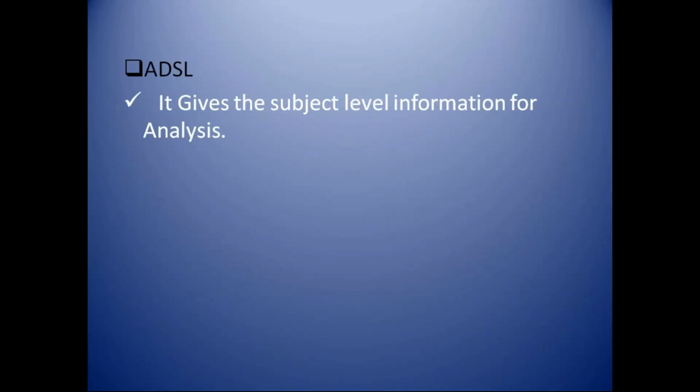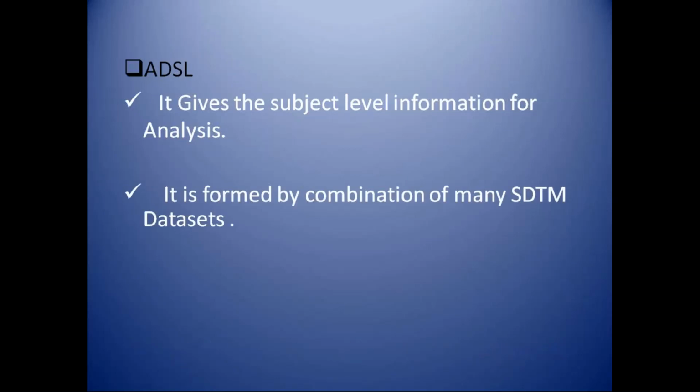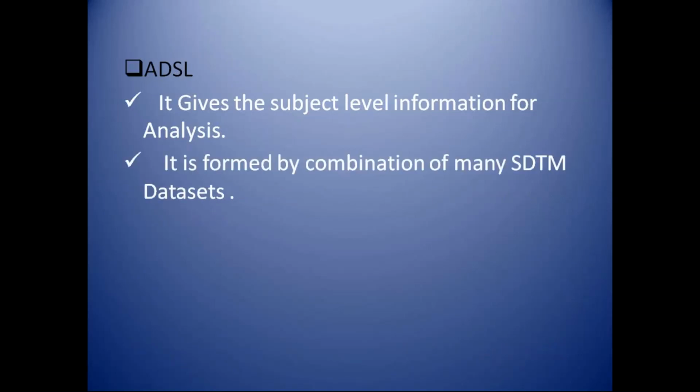How can we create this ADSL? As I said, it only gives the subject level information. What do we mean by subject level information? You will only have subject information. Apart from that, you won't find any other information, like clinical trial information, in the ADSL. It is formed by a combination of many SDTM datasets, such as demographic, disposition, exposure, and medical history.